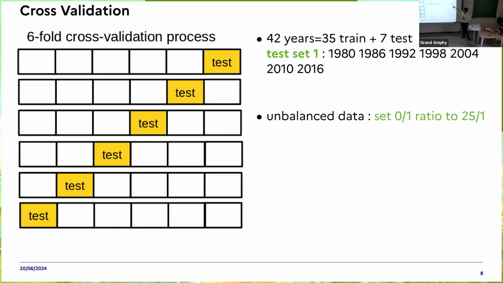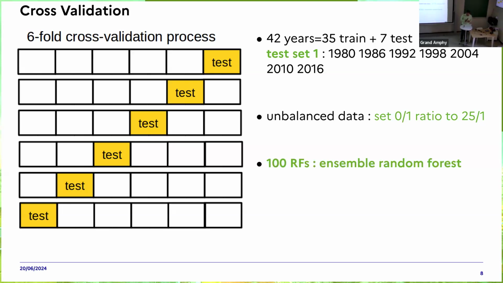I took a ratio of 25 to 1 for calibration. I'll talk a bit later about why I chose that. There are many ways to do this undersampling, so I train 100 random forests with 100 different ways of randomly choosing the undersampling of zeros.